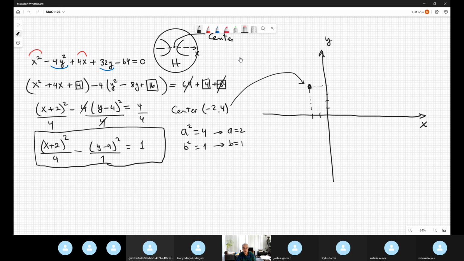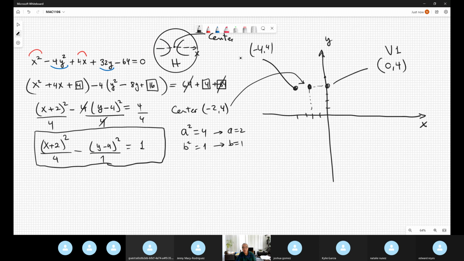So we get one vertex here, which is the point 0, 4, and another in the other direction, the point negative 4, 4. Nice. And b is 1. Remember to do the famous reference rectangle.